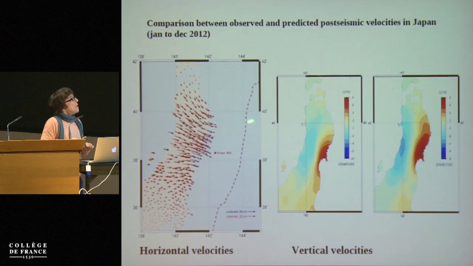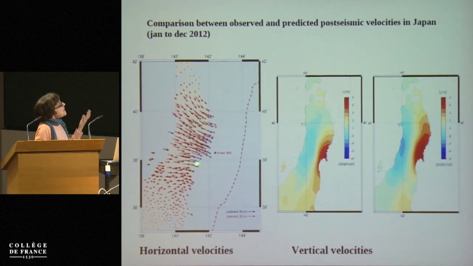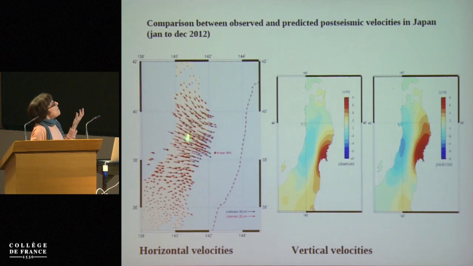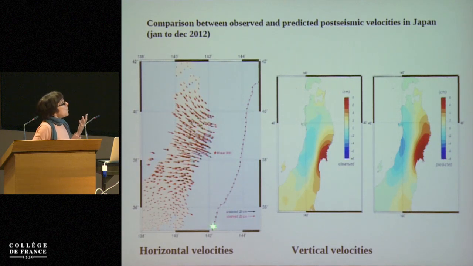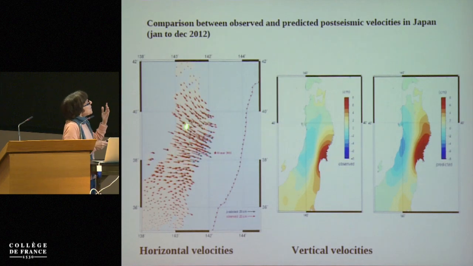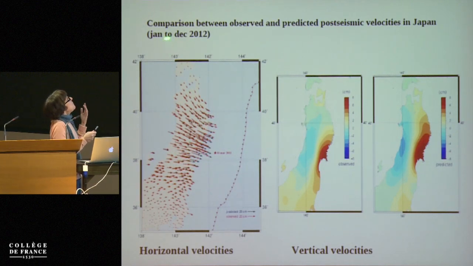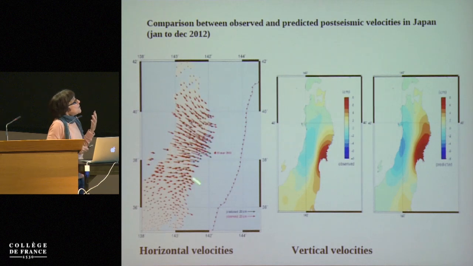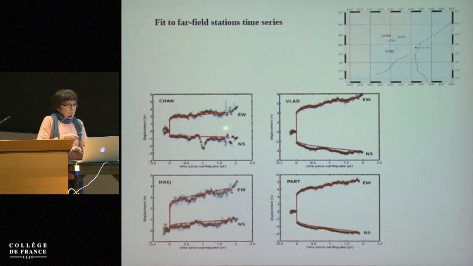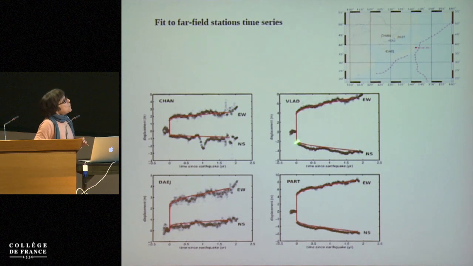Now, this is the type of fit that we obtain once we put these rheologies. Here you see the predicted and observed horizontal velocities. This is 2 years after the earthquake, in 2012, and the vertical velocities. And here is the fit to the far field stations, which is also rather good.